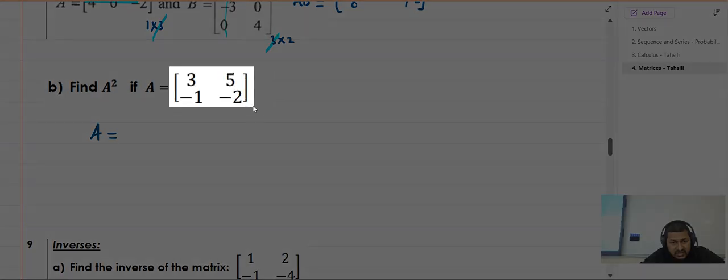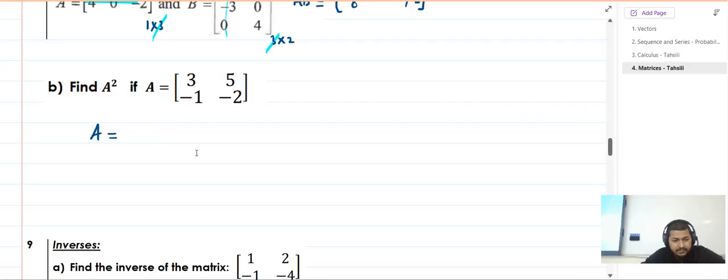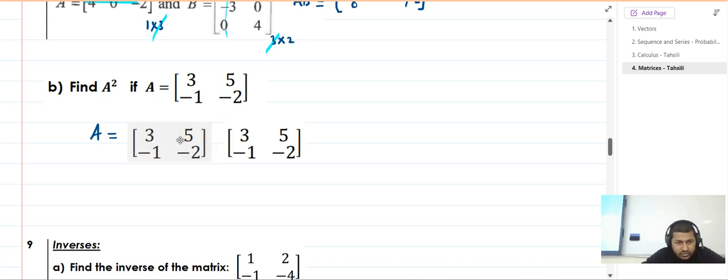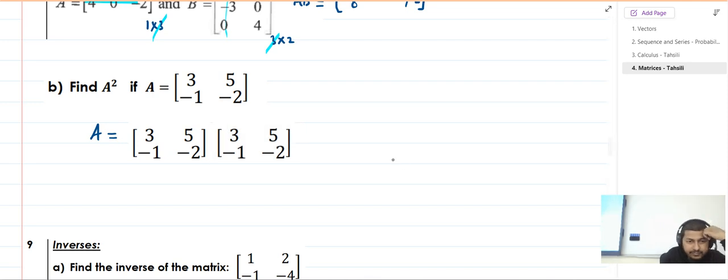A squared will be A times A, and remember I have a 2 by 2 multiplied by 2 by 2. So the insides cancel out and I have 2 by 2. So I have the exact same size of matrix.